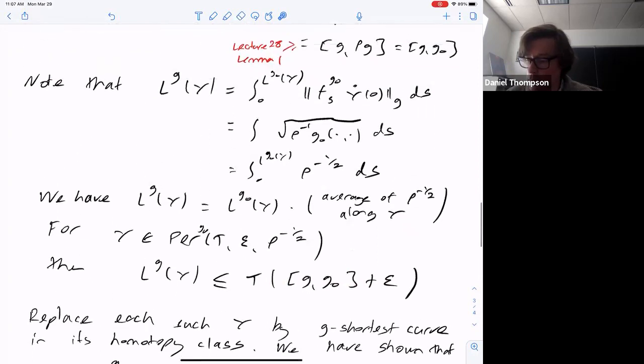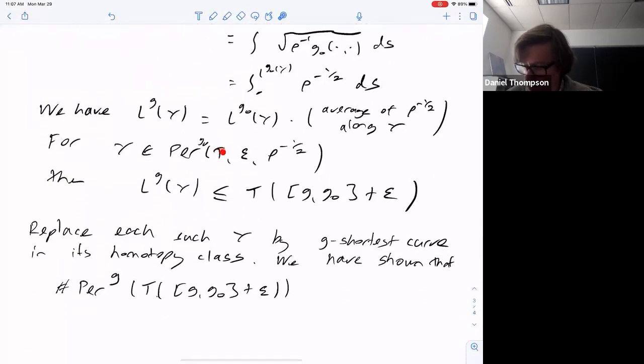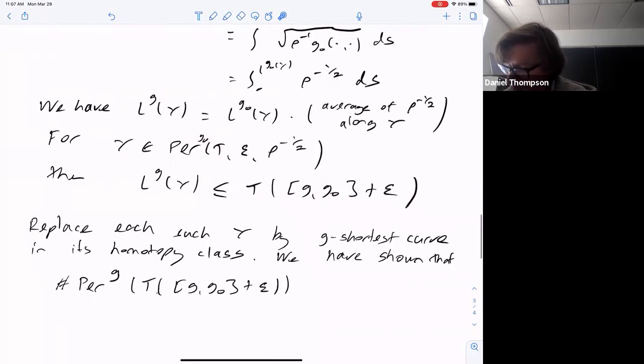So we were starting off with G0 closed geodesics with length up to T, and I'm building G closed geodesics with length up to this. Each different thing I put in here gives me a different thing out here. And how many of them have I got?